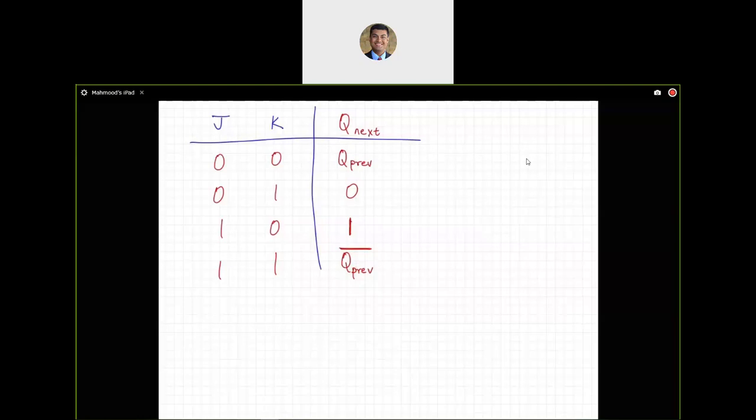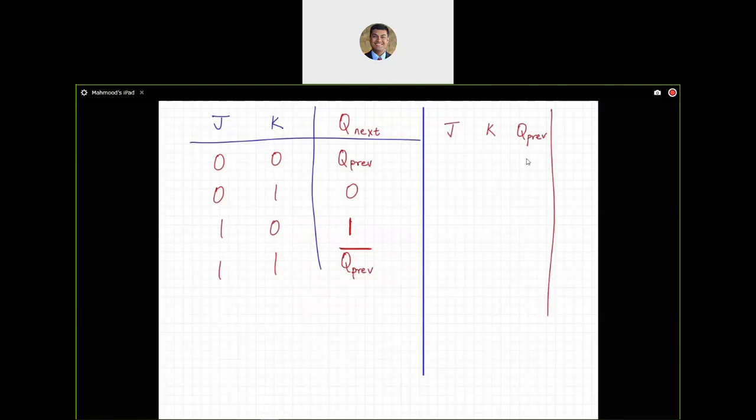As you can see over here, Q previous is also a variable that could hold two values. So we can in fact make this table into a slightly more detailed table. We can have a column for J, a column for K, and a column for Q previous, or just before the clock edge.